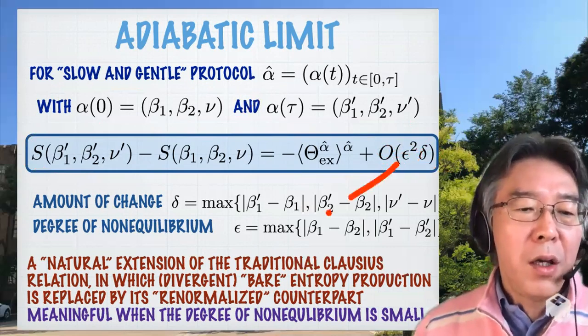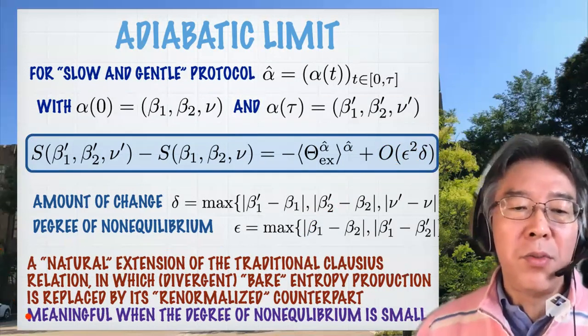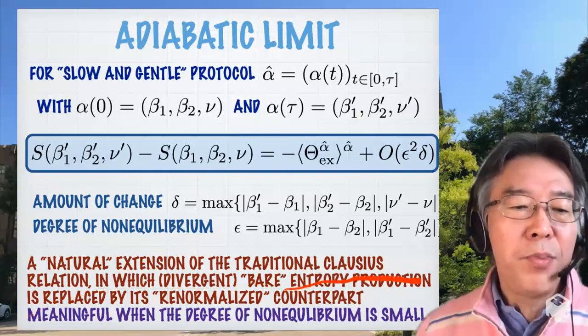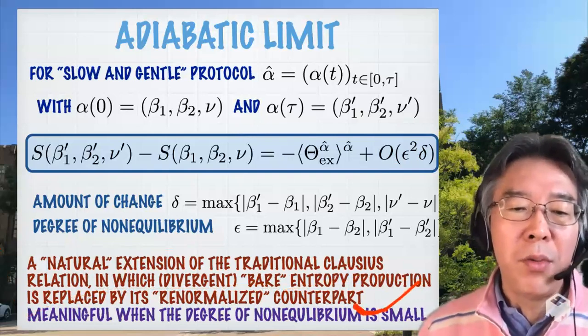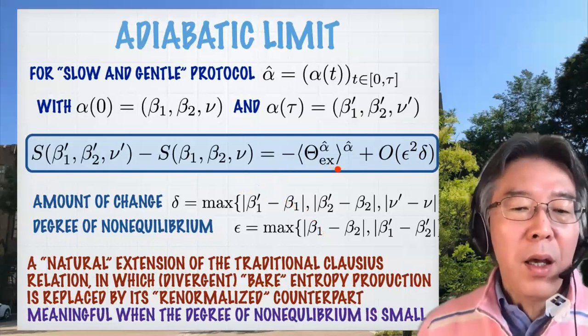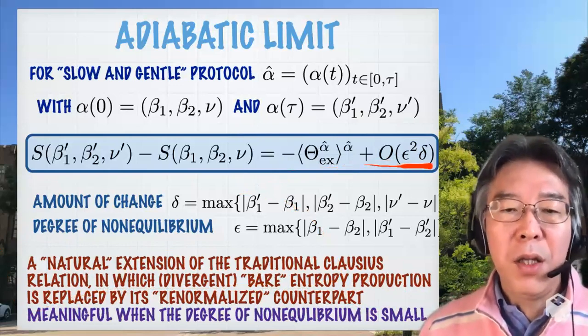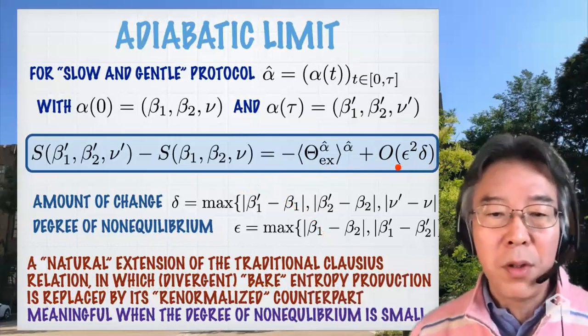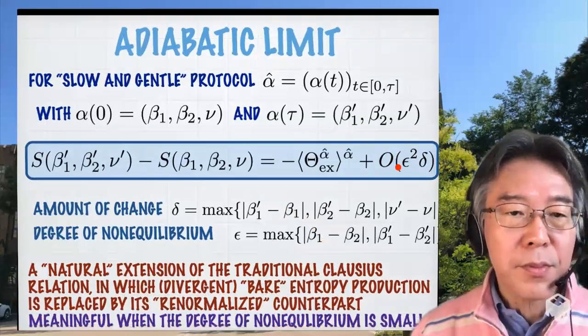Okay, so here anyway, we have a natural extension of the traditional Clausius relation in which divergent bare entropy production is replaced by its renormalized counterpart, the excess entropy production. And as I said, this is meaningful only when epsilon is small. So we have to be close to equilibrium.